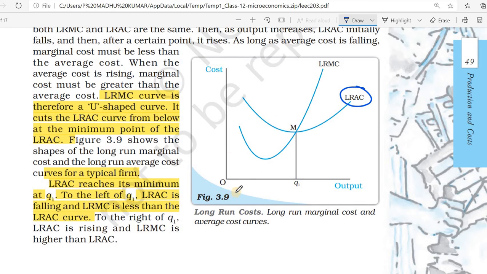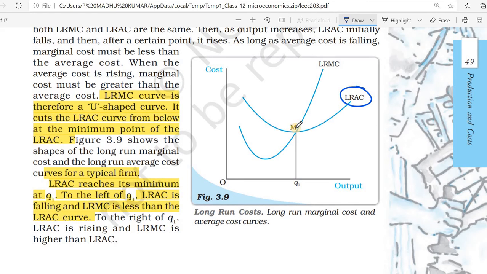This is the long run average cost curve. In the LRMC curve, first it is falling, and after a certain point it will start to increase.